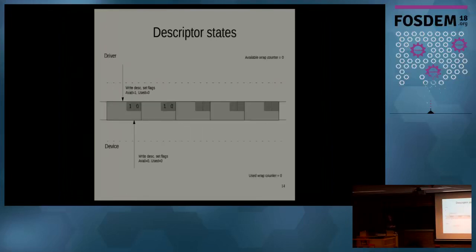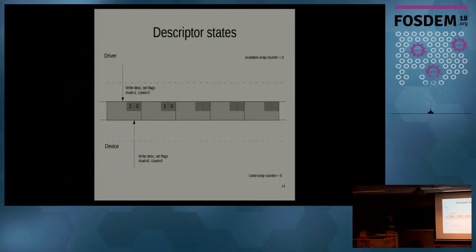So device and driver are also expected to maintain internally, not in shared memory, a single bit counter. Starting at 1, it changes value each time the last descriptor in the ring is accessed. It has to be flipped when the last one is accessed. And as I just mentioned, these bits are passed as the available and used bits in the descriptors.